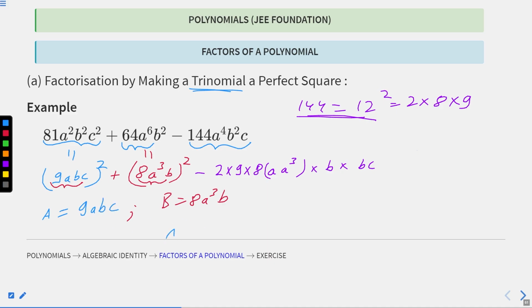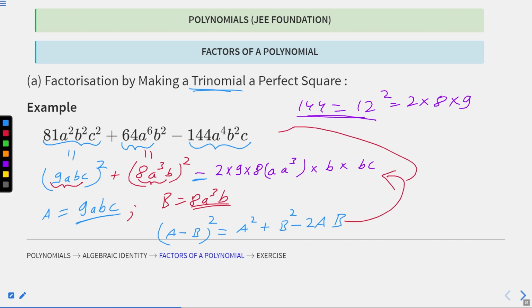9abc. Then a plus b whole square will be a square plus b square minus 2ab. Here the minus sign is coming, sorry, this will be plus. Then we will be using another identity, which is for a minus b whole square, which is equal to a square plus b square minus 2ab. This means if you put a as this and b as this, you will get the same thing.